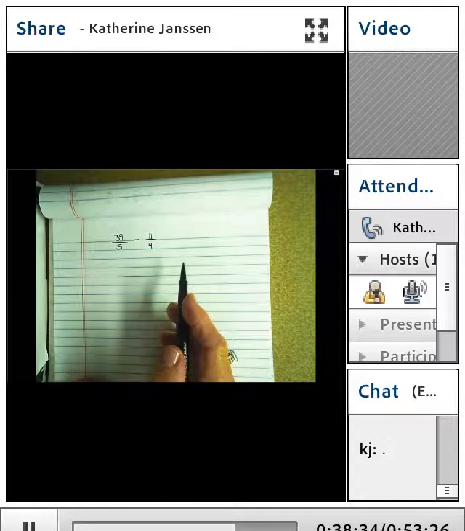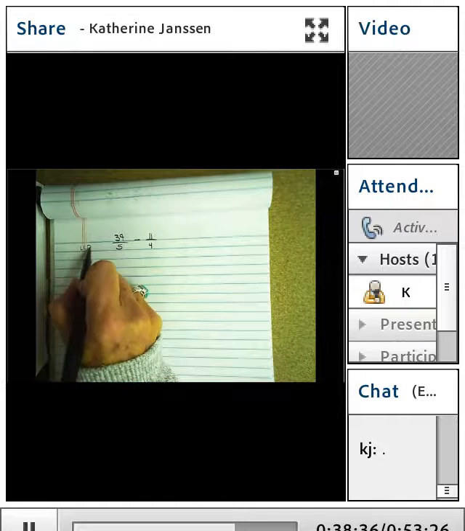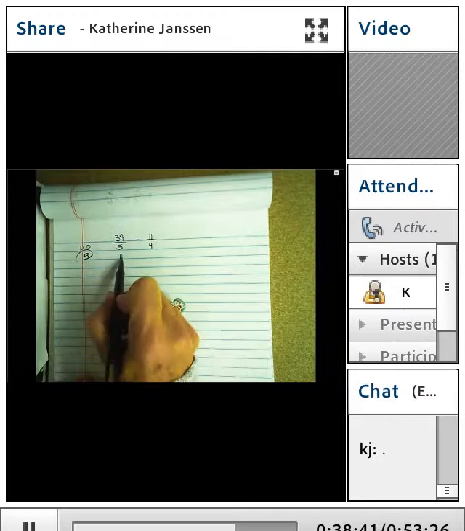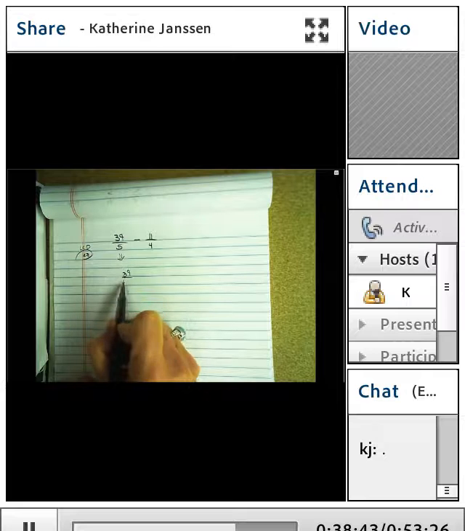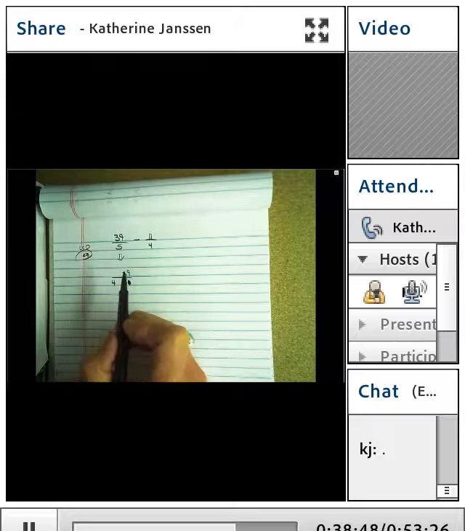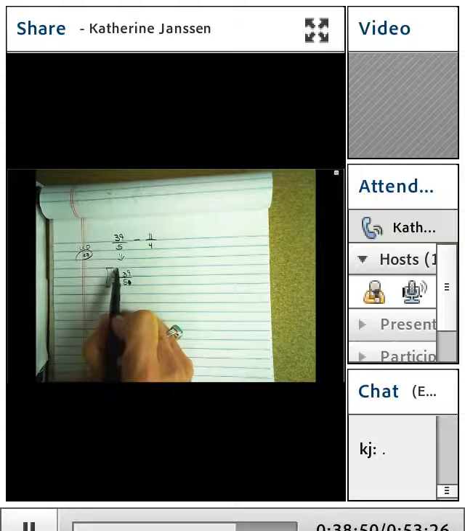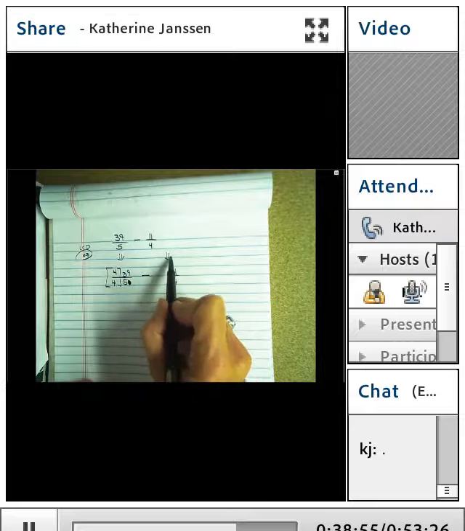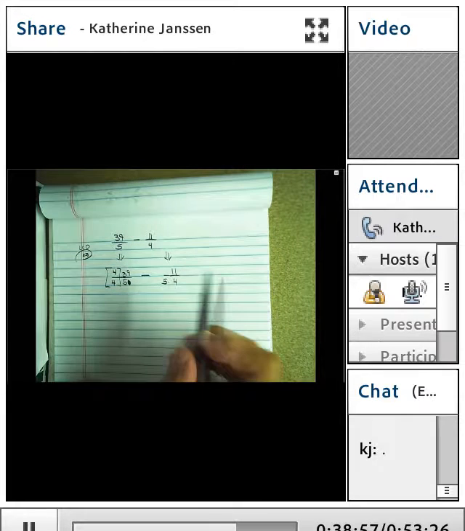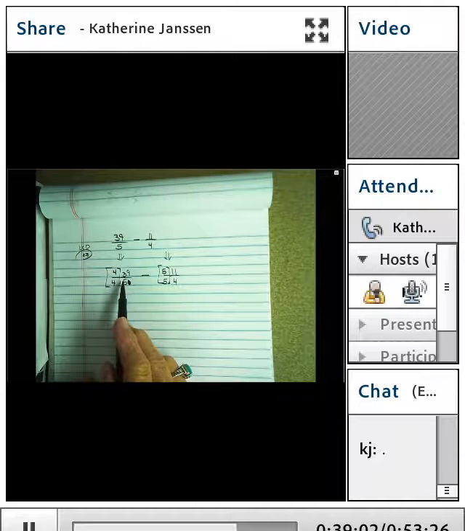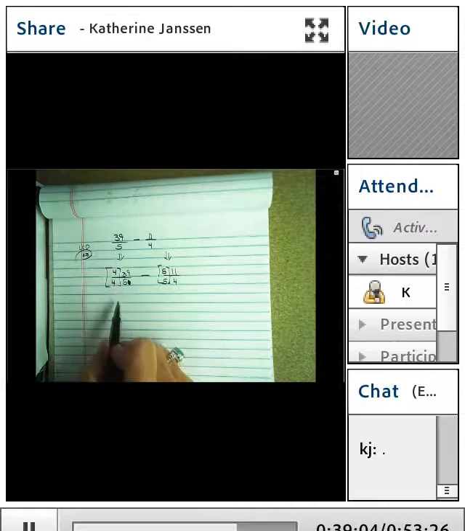And again, we need a least common denominator, which will be 20. 5 times 4. So we're going to convert 39/5 to 20ths. So 5 times 4 will be 20. I'll multiply the numerator by 4 as another name for 1, and 11/4 converted to 20ths. 5 times 4 is 20. I'll have to multiply the numerator by 5. 4 times 39 on my calculator is 156, and 4 times 5 is 20.